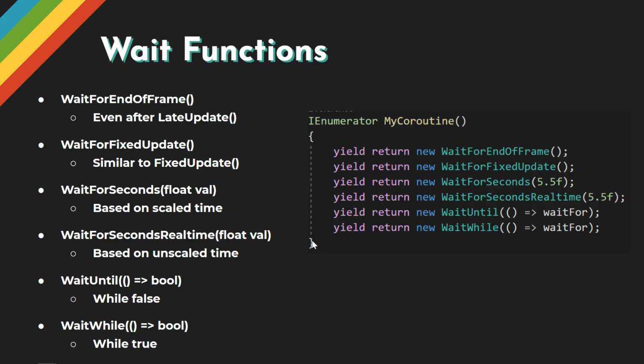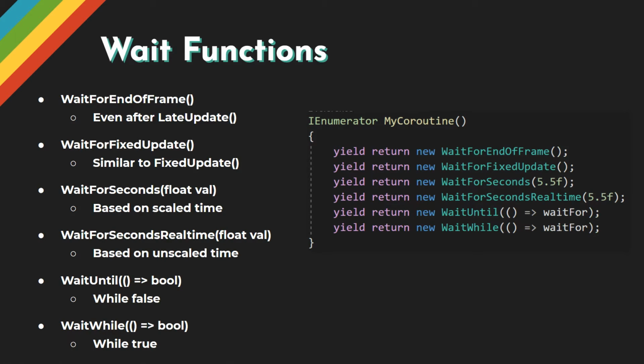WaitForFixedUpdate, which we discussed earlier, will wait for the physics update. You can define specific seconds based off scaled time, because you can actually change the speed of time in Unity. There's also real time, unscaled time, and then you can wait until something is true, or wait while something is true, so until something is false.